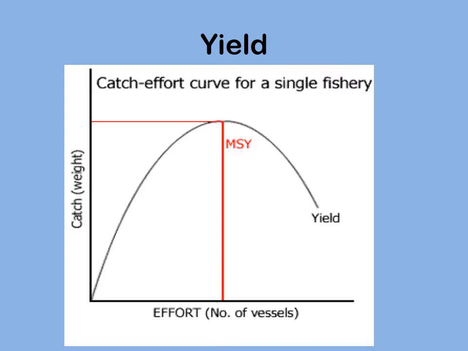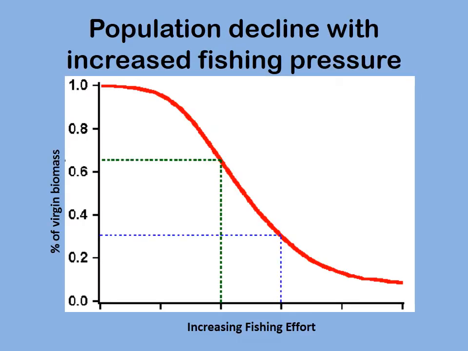If you add more than 5 vessels, your catch is not going to go up, it's going to start going down, because you're overfishing, you're cutting into the amount of adults that are able to reproduce. So this graph describes a population decline with increased fishing pressure.